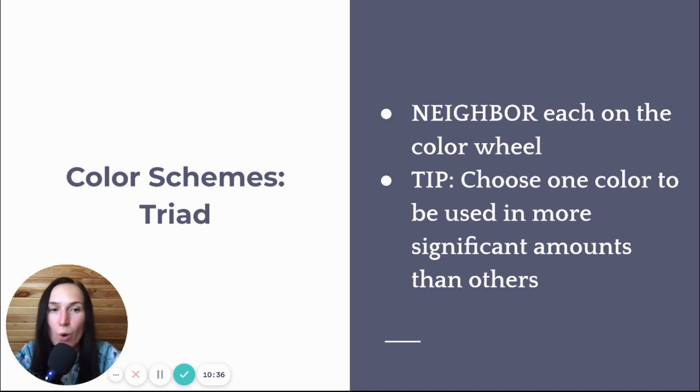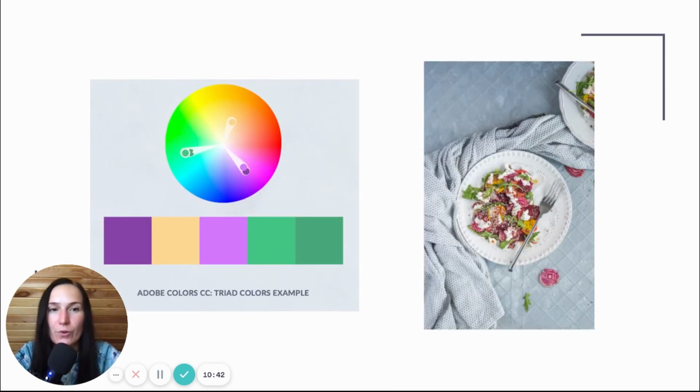Again, choose one color to use in a more significant amount than others. For example, here, as you can see, I went for the yellowish, purple and green. They are the triad color example, and I used a little bit more pink and a little bit less green. And this balanced it up pretty quickly, and it went like this.